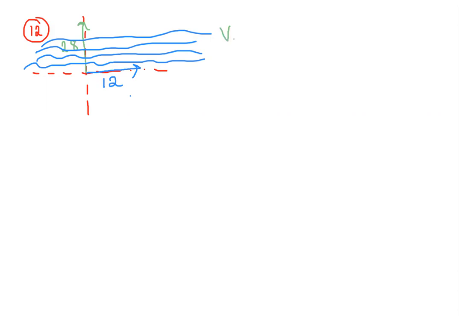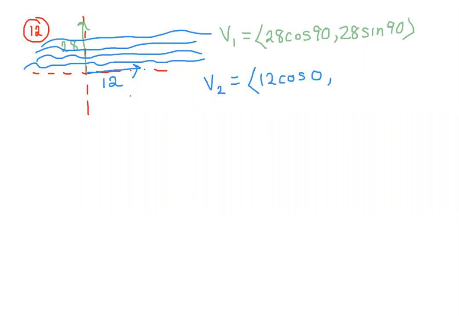So for the boat, we get 28 cosine of 90, 28 sine of 90. And for the river, we get 12 cosine of 0 and 12 sine of 0.